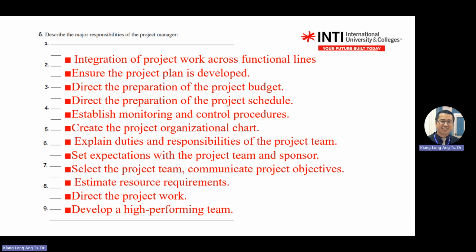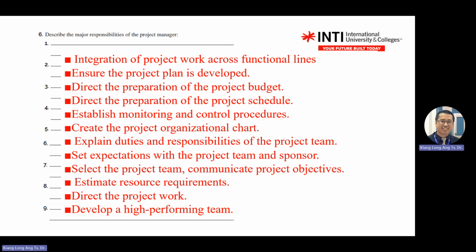So this one, you can elaborate from the phases of managing projects. There are 5 phases: initiation, planning, execution, monitoring, close. So you elaborate on these 5. What do you do as a PM inside there? Okay, you integrate, you establish the plan, budget, schedule.